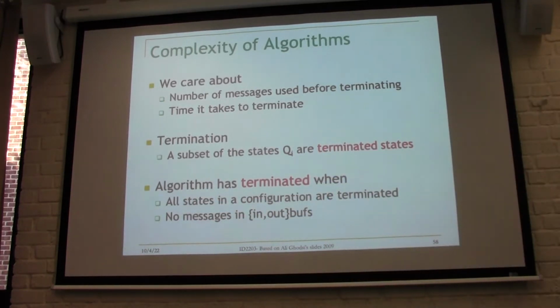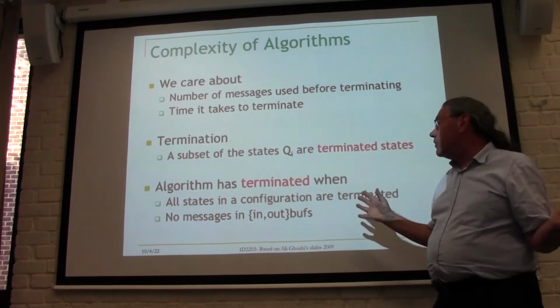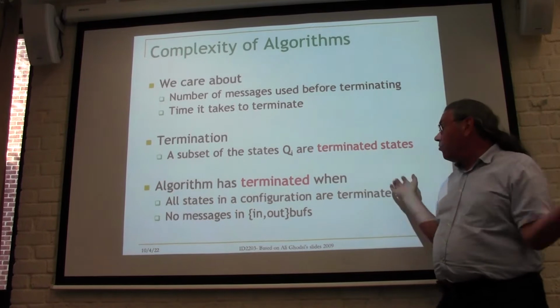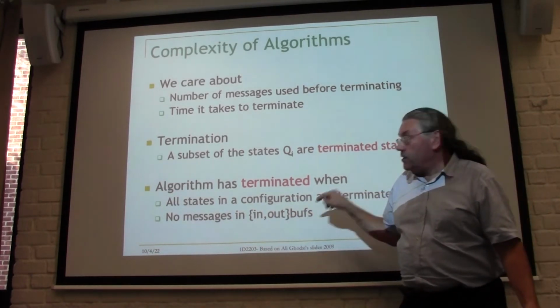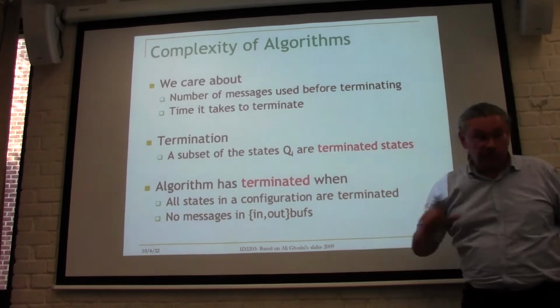Remember what we said. That's the whole system. And the network is empty. There's no messages hanging around in the network, so the in and out buffers are empty. If we have that, then it's terminated. So network and all the nodes, configuration.